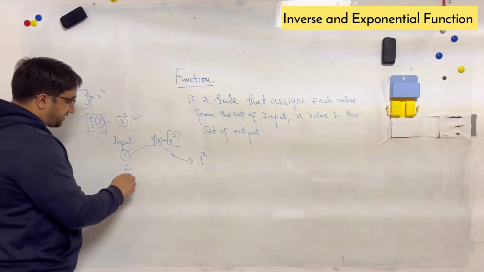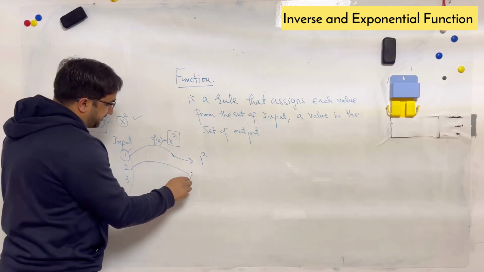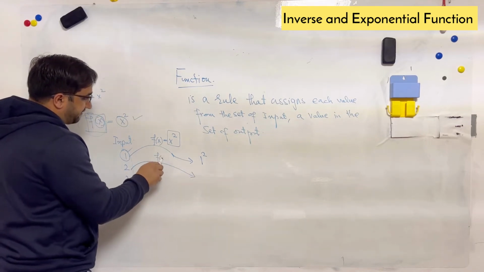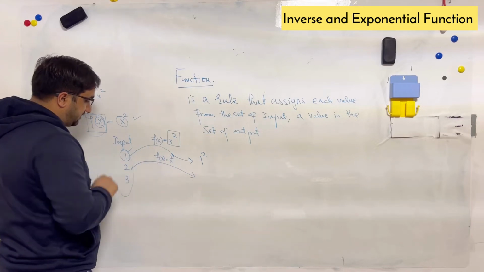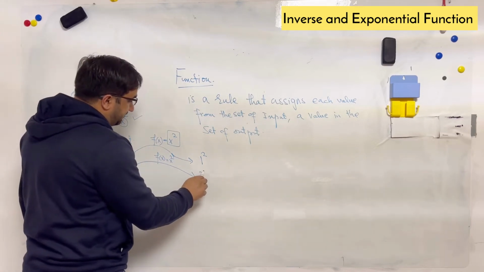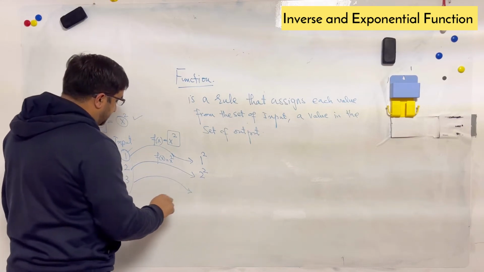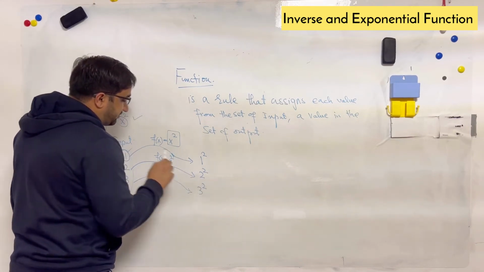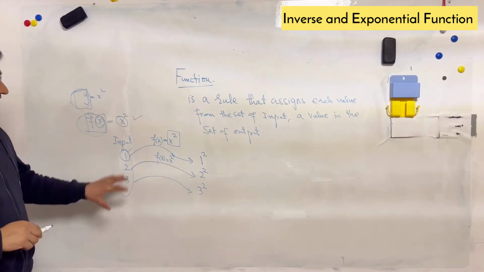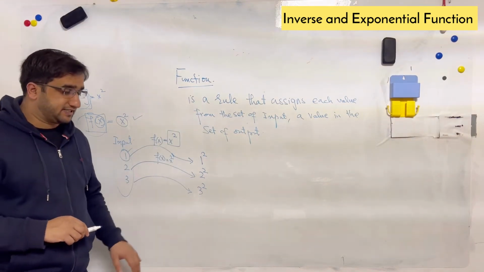Similarly, when you process 2 through the same function f of x equals x square, on the right you will get 2 square. Similarly, on the right you will get 3 square. So this is the simple definition of a function.